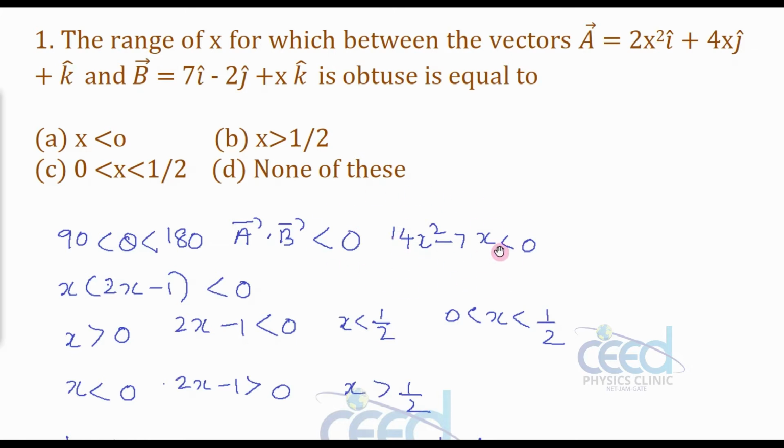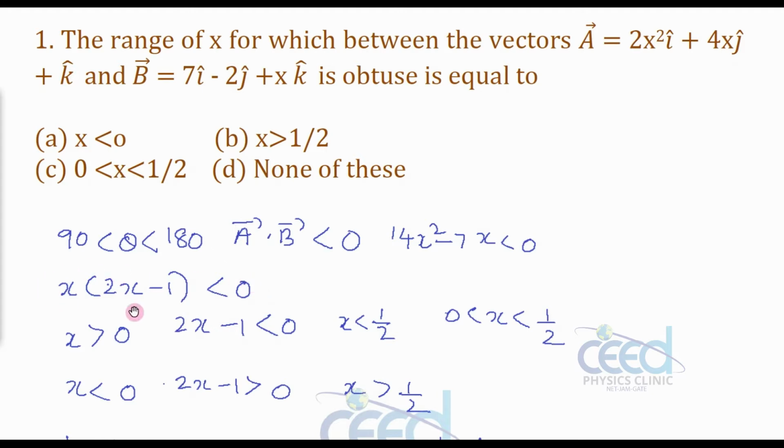So a dot b is less than 0. You can take 7x out, so 7x into 2x minus 1 is less than 0, that is x into 2x minus 1 less than 0.